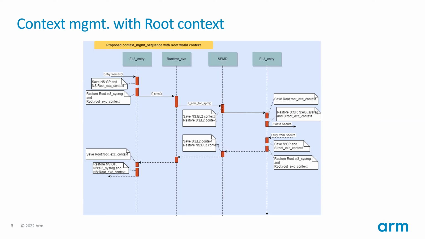So I pushed out an RFC earlier this week mentioning all of these changes, and some examples are given why this might be a problem and what specific registers might be part of this root context.